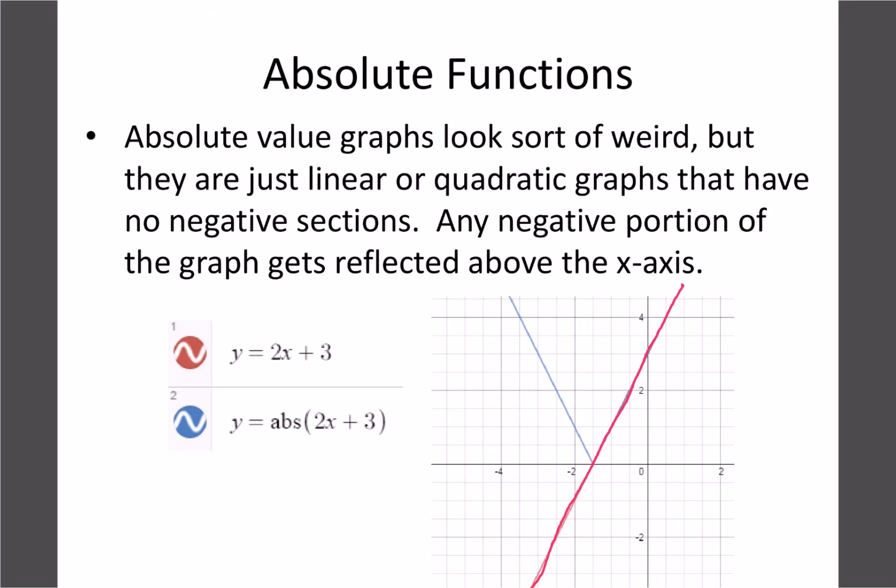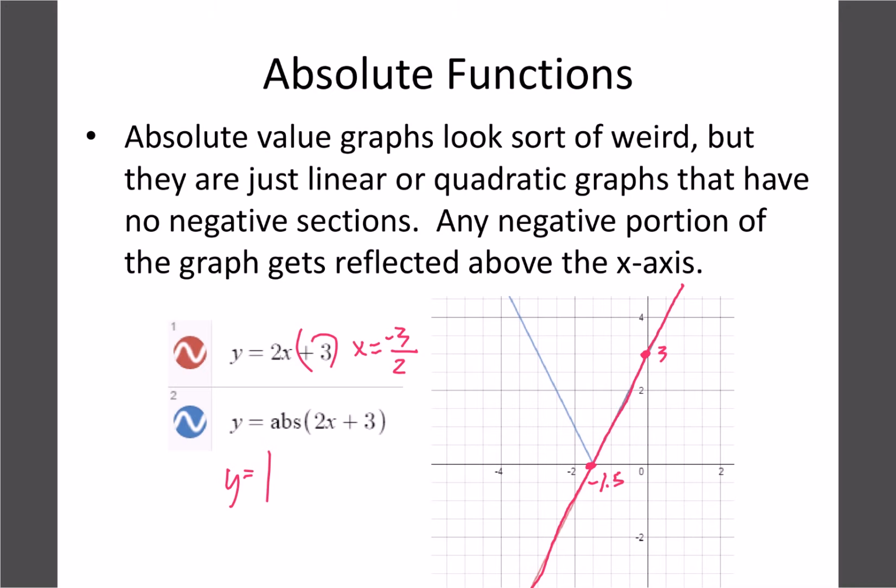We know just from solving it that our x-intercept would be at negative 1.5, right? Our intersection point would be the opposite of the 3, so negative 3 divided by that 2 in front. So negative 3/2 or negative 1.5 is our x-intercept. We know from also looking on the graph that our y-intercept would be at positive 3. And other than that, it's just a straight line that goes through those.